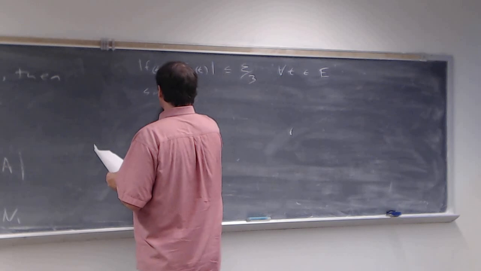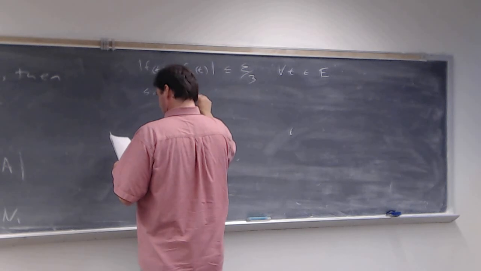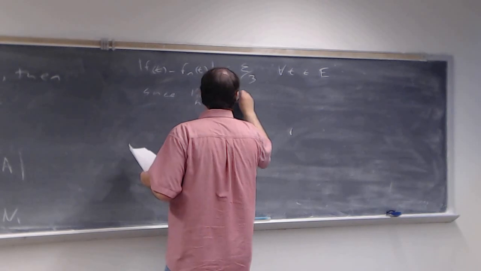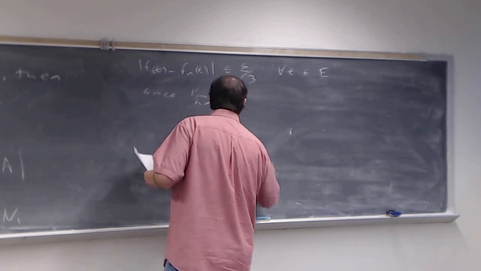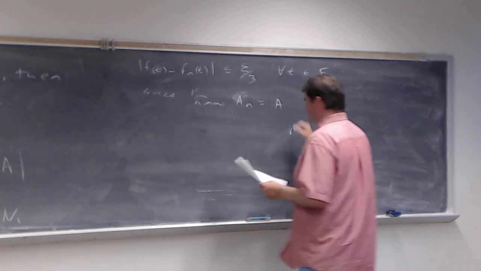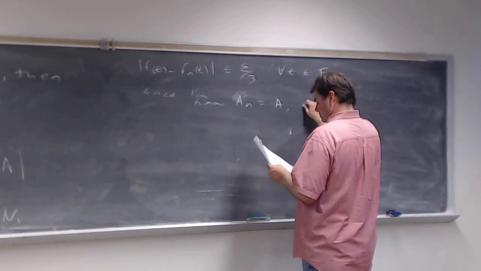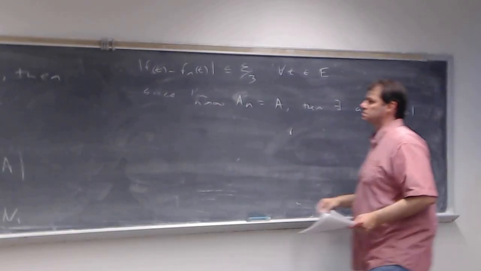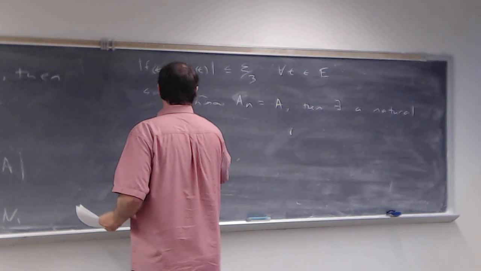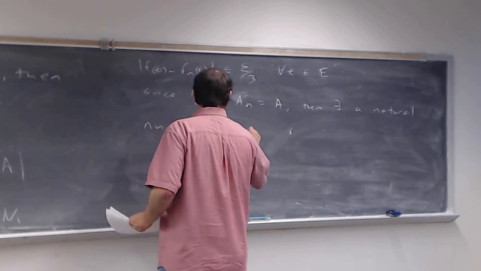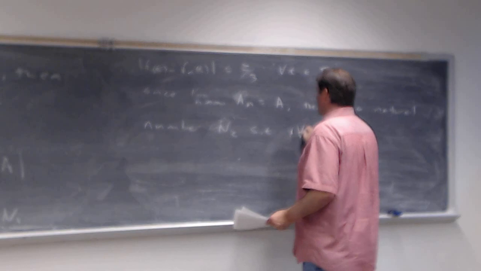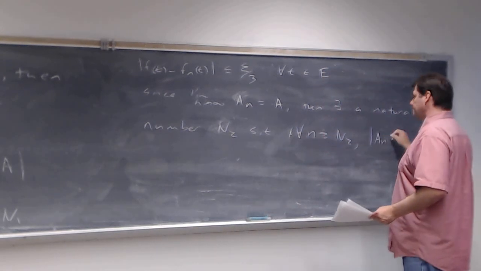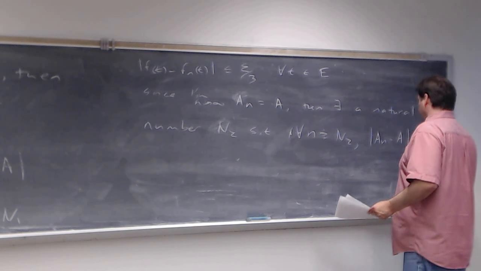And then since the limit as n goes to infinity of a sub n is equal to a, there exists a natural number big N sub 2 such that for all n bigger than or equal to big N sub 2, the norm of a sub n minus a will be less than epsilon over 3.